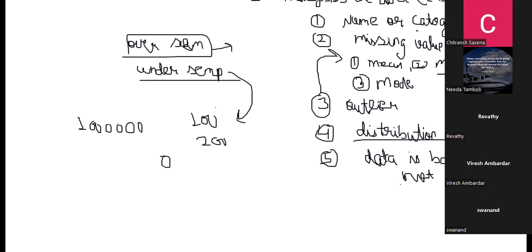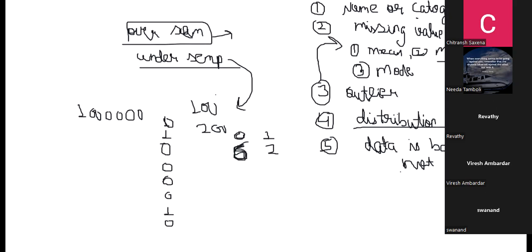Suppose you have 0 0 0 0 1 0 1 1. Now count the zeros: 1, 2, 3, 4, 5, 6. And the one is 2 times. Undersampling will convert the zeros into 2, and the ones are also 2. Now you lost 4 data.